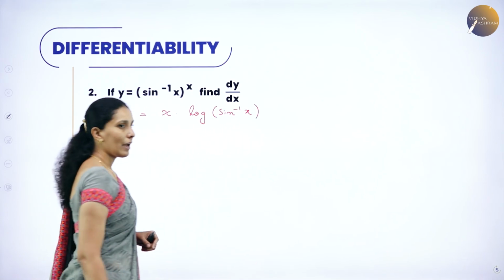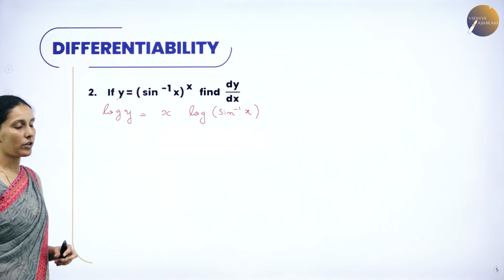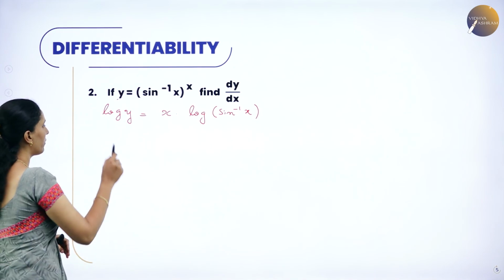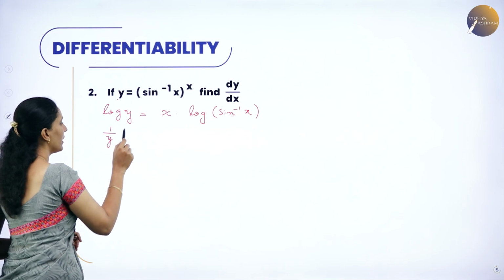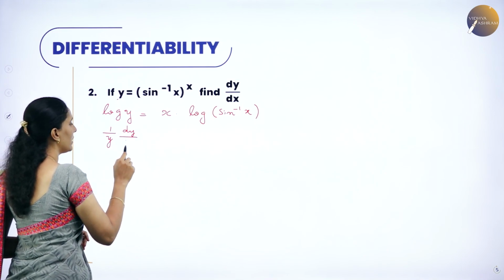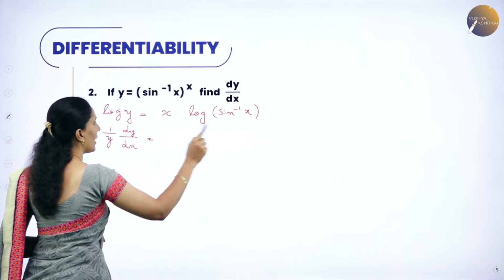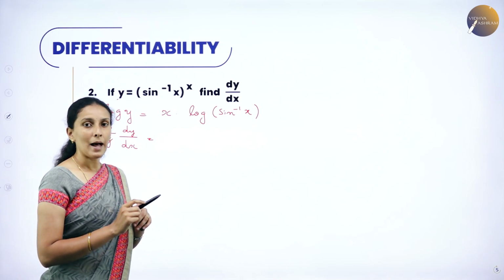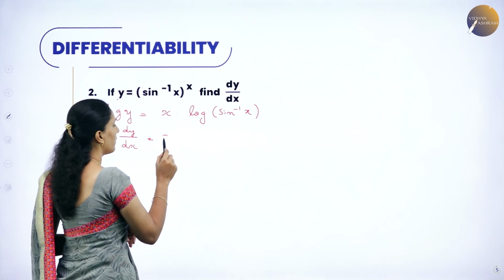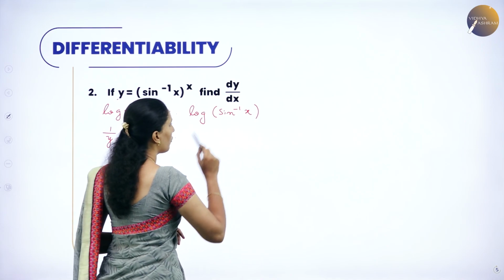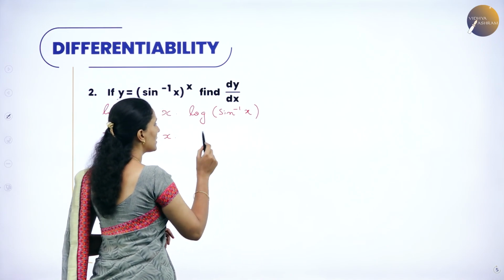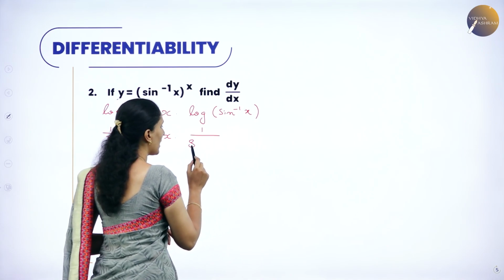Remember the derivatives of all inverse trigonometric functions. Log y, when you differentiate, is 1 by y into dy by dx. Now again in the right hand side you have two functions. Apply the product rule. First function into derivative of the second. Log of sin inverse x gives 1 divided by sin inverse x.